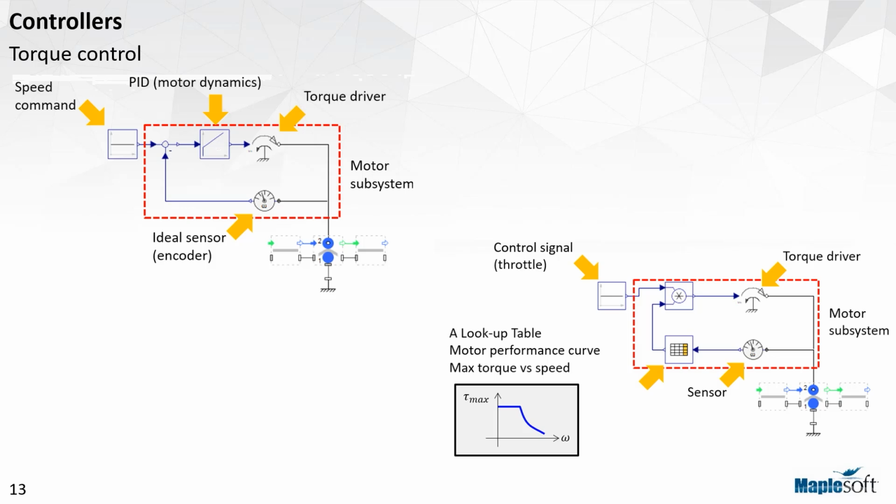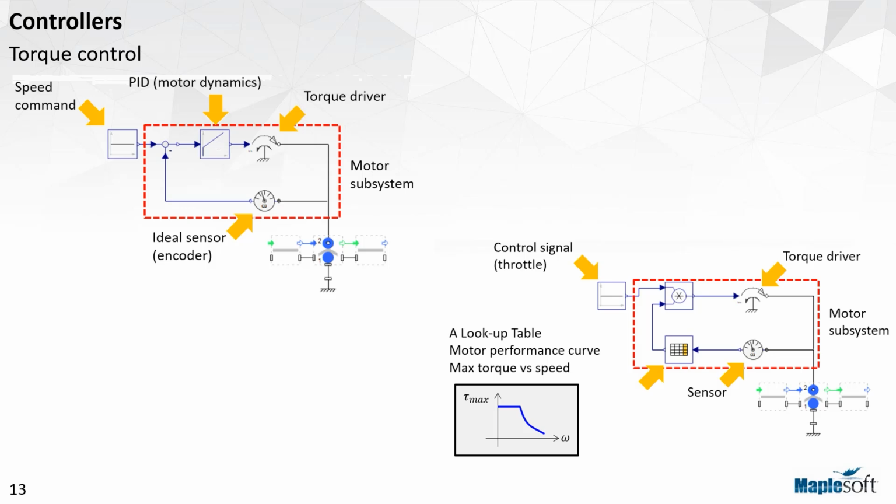You can also use a lookup table that would house your motor performance curve in it. And this is the example in the lower right-hand corner. So say you have your motor performance curve with your max torque versus speed in a lookup table, and you are sensing the speed of your nip roller.